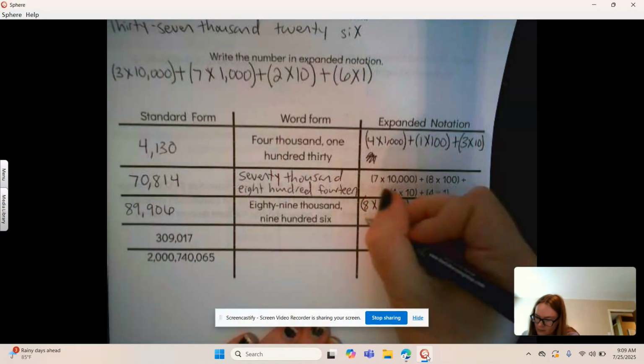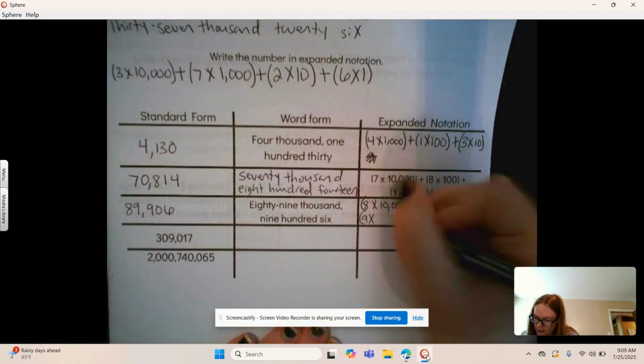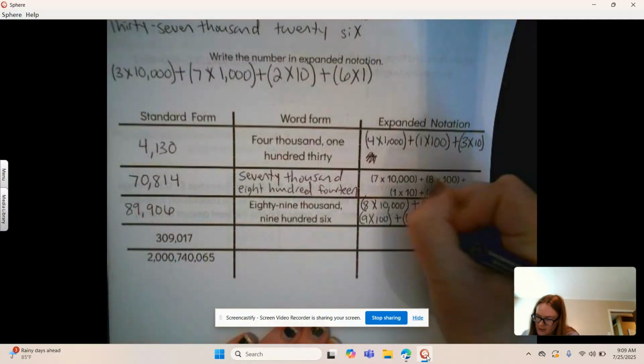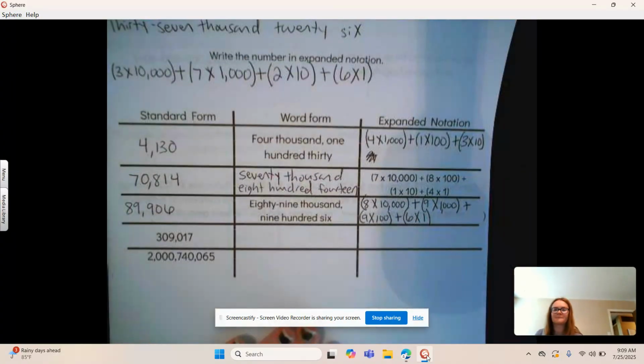Another 9. The place value is hundreds. Plus, our next digit is 6 times the place value, which is ones. So we have 8 times 10,000 plus 9 times 1,000 plus 9 times 100 plus 6 times 1. Good job.